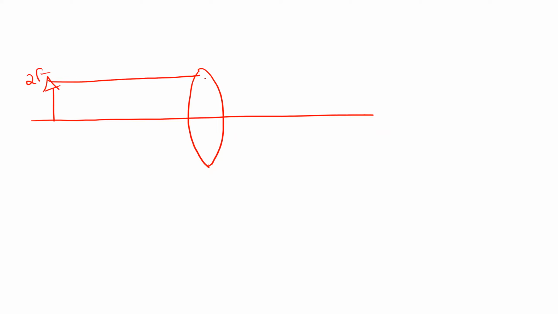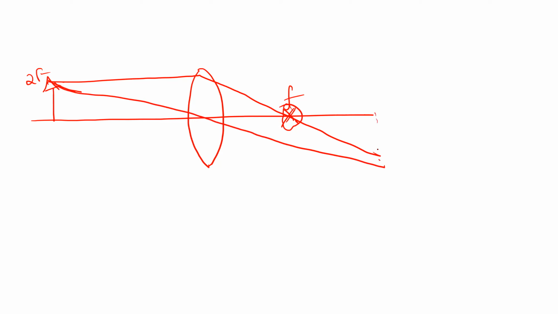When you keep it at 2f, the ray will pass through the focus and go like this. This is the focus. Whichever light ray is coming parallel to the principal axis will pass through the focus. Make this point clear. When the object is at 2f, the same ray diagram is not changing, just these values will change.